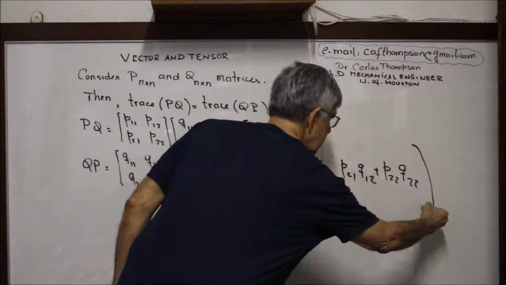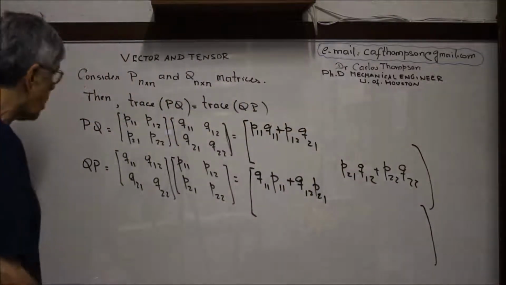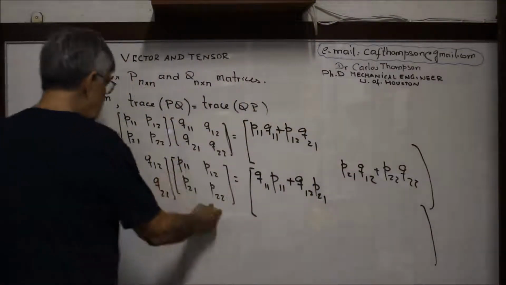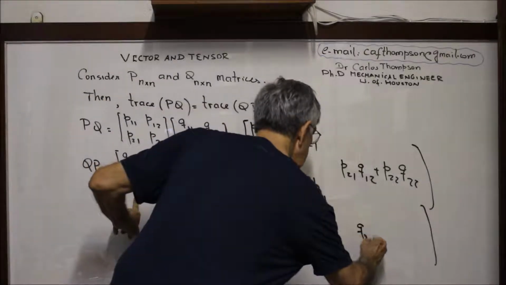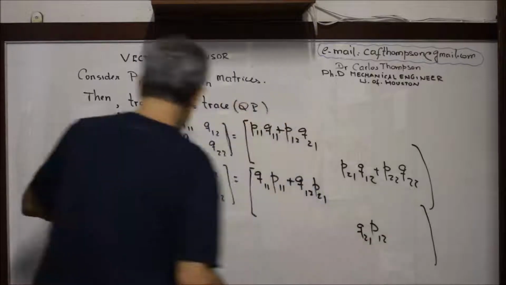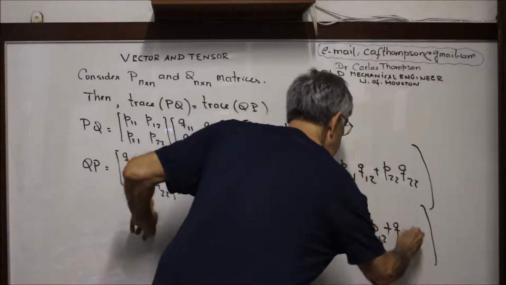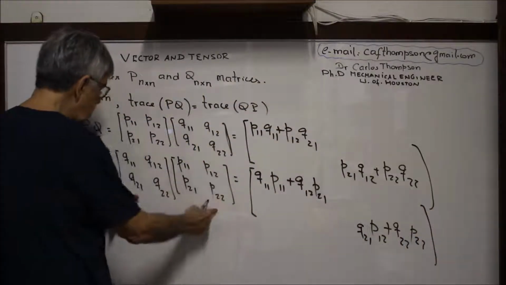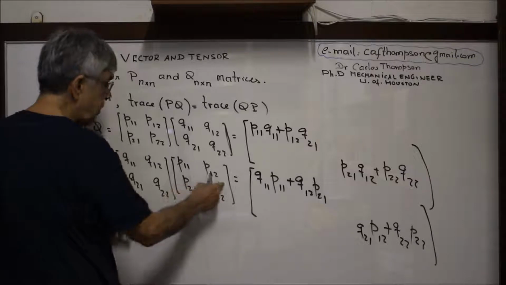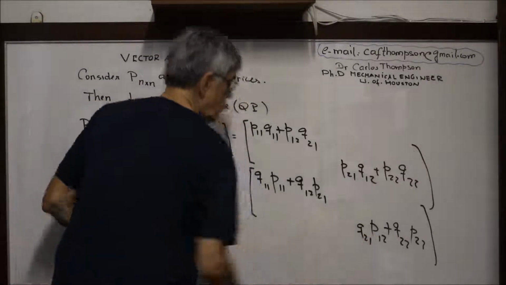Now here you'll be the second row, second column. Second row, second column. So Q21, P12 plus Q22, P22. You see, second row, second column.